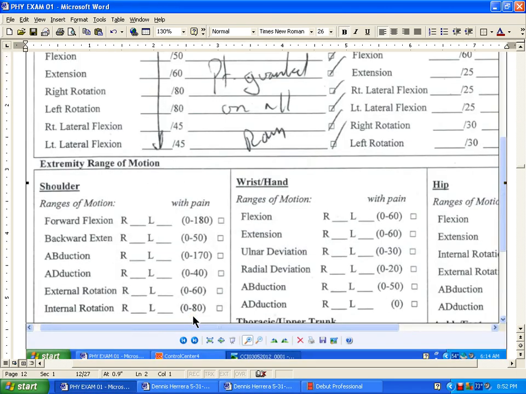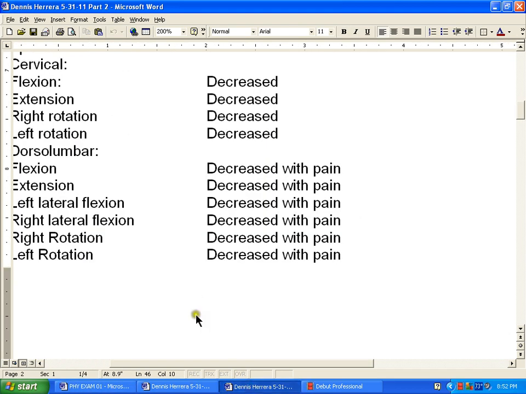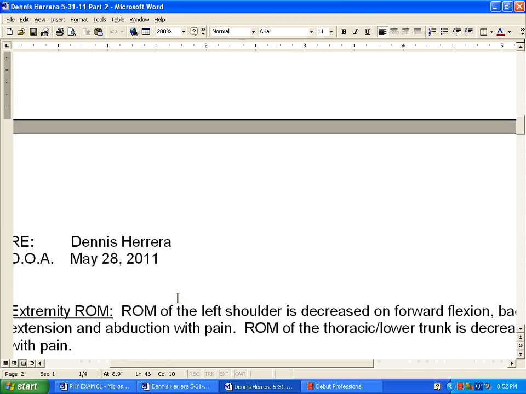Alright, now, sometimes there's a shoulder injury. It might be left shoulder, right shoulder, and you would simply say extremity, range of motion, all underlined, colon, range of motion of the left shoulder is decreased, and it would tell you on the report on forward flexion, and back extension and abduction, whatever it is.